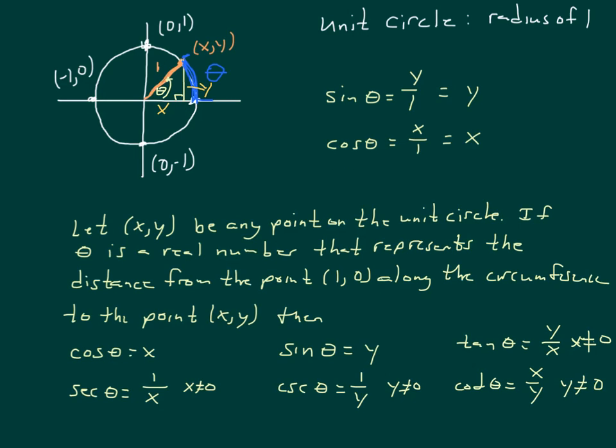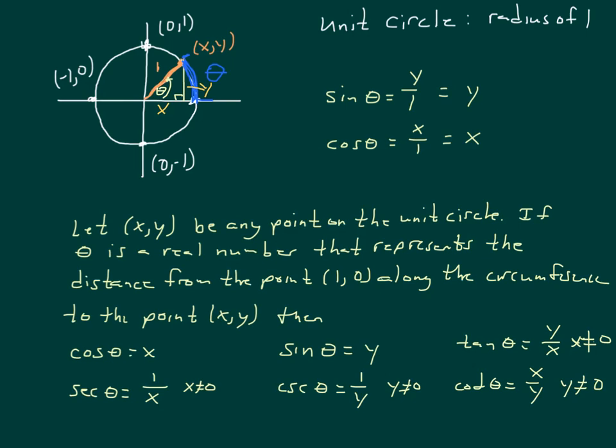And so it's real important for you to recognize that the value of the cosine function is going to be the x-coordinate of a point on the unit circle, and the sine of an angle is going to be the y-coordinate of a point on the unit circle.